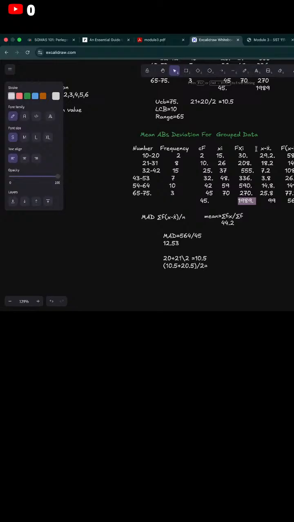Then the other part we are supposed to do is x minus mean. So how do you calculate your mean? You calculate your mean using this formula: the summation of fx, which is here, divided by the total cumulative frequency.